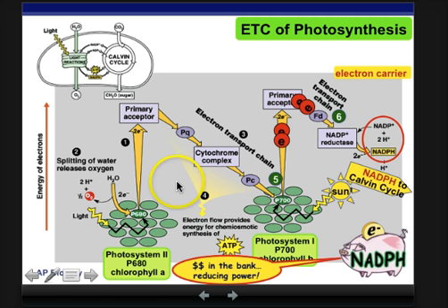In the process, water is split so that oxygen gas is given off. So the part of the equation we've used is water and light. And now this is our intermediary carrier to take energy onto the Calvin cycle. So we're going to need ATP and NADPH for the Calvin cycle.